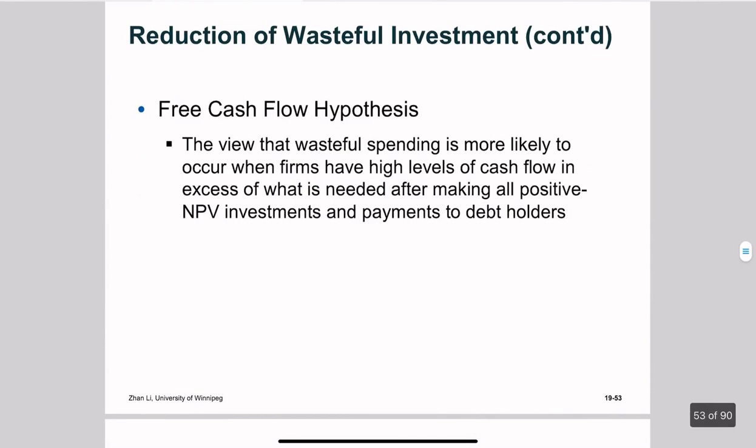So why could debt be useful in reducing wasteful investment? Well, this is according to the free cash flow hypothesis. It basically says that if firms have more cash flow, have a higher level of cash flow, then there is a higher probability that wasteful investment will happen.